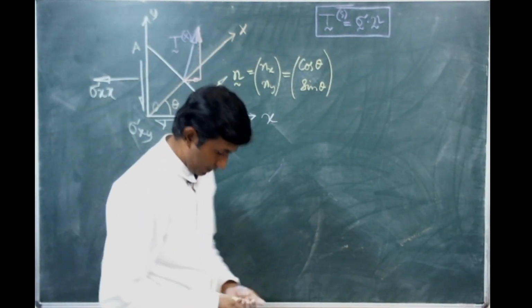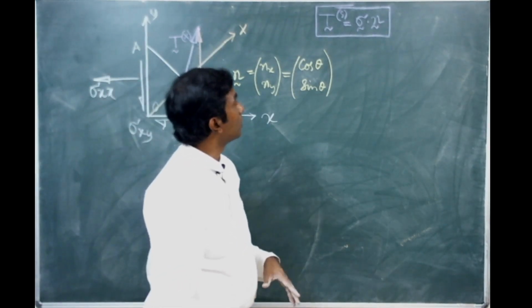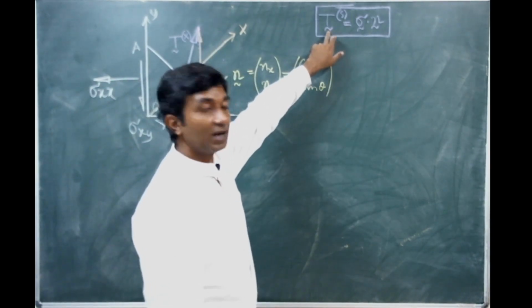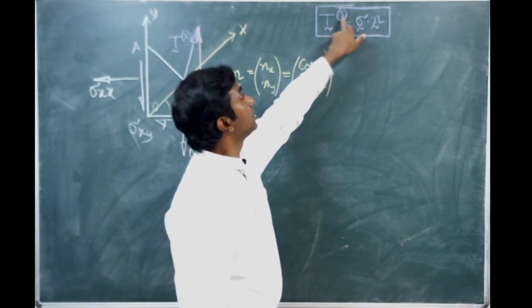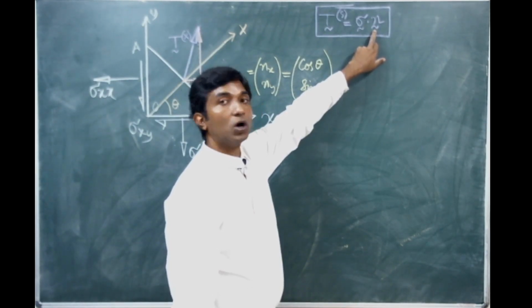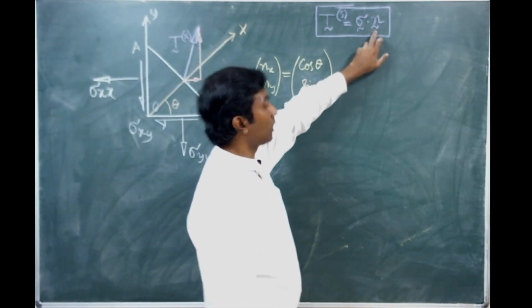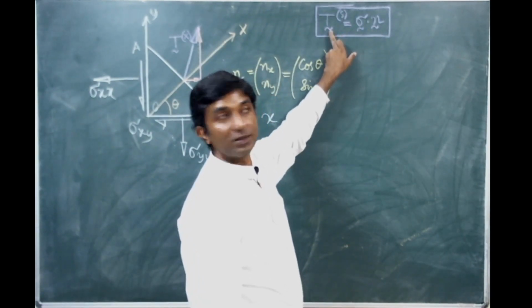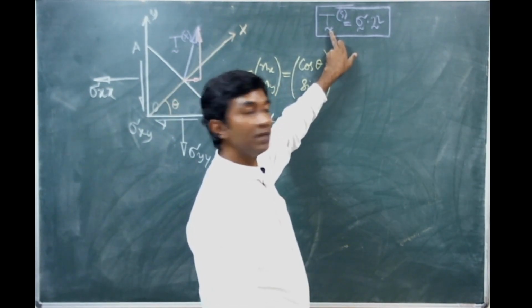Now we start discussing Cauchy's relation for the stress vector. Cauchy's relation reads that the surface traction T acting on the surface S is linearly related with the outward unit normal drawn on that surface S. The outward unit normal n is a geometric quantity, whereas the surface traction is a distributed force intensity.